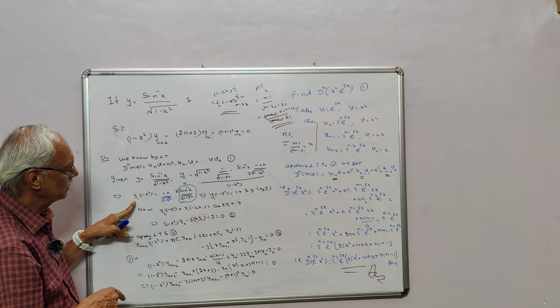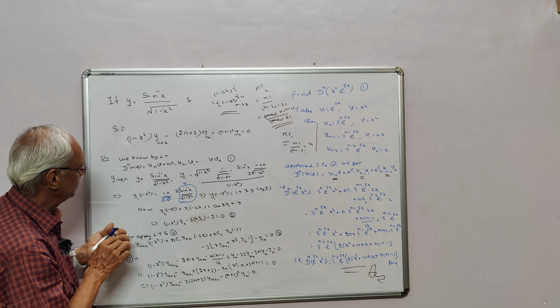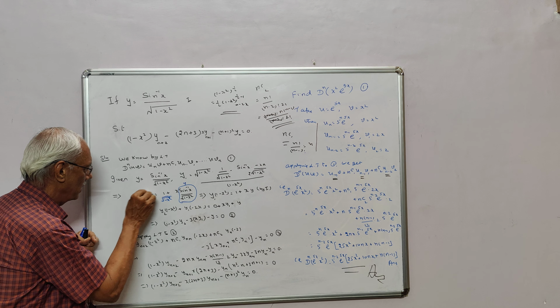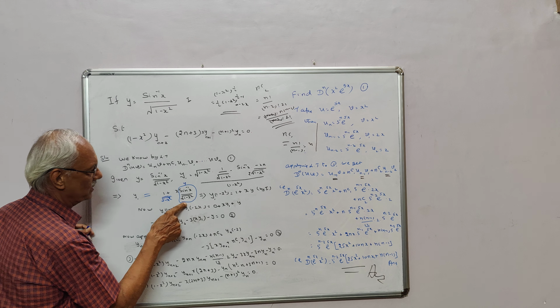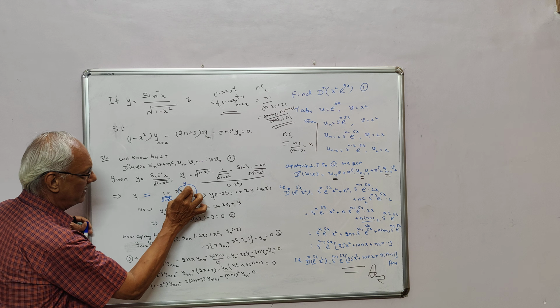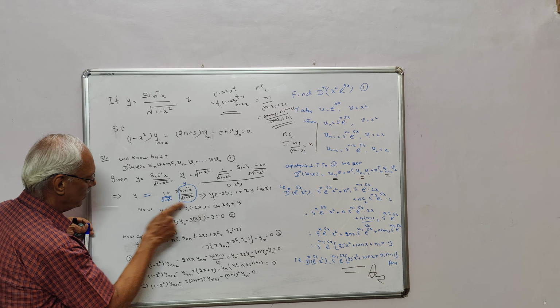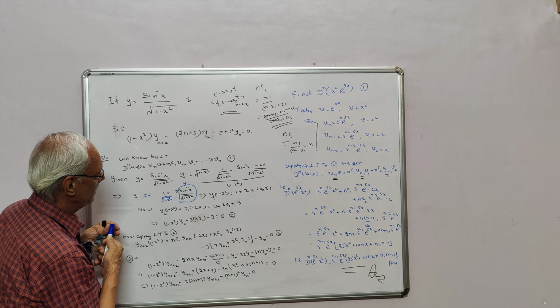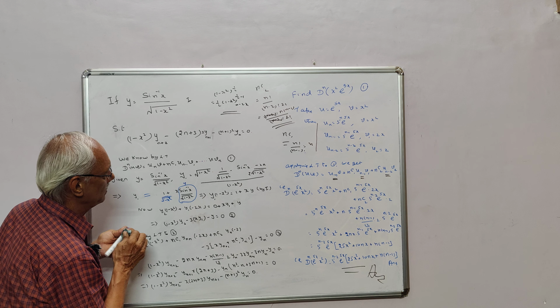y1 into 1 divided by square root of 1 minus x squared plus x into sine minus 1 of x divided by square root of 1 minus x squared. Now I told you that you can identify this as your y, so cross multiply and you will get y1 into square root of 1 minus x squared.